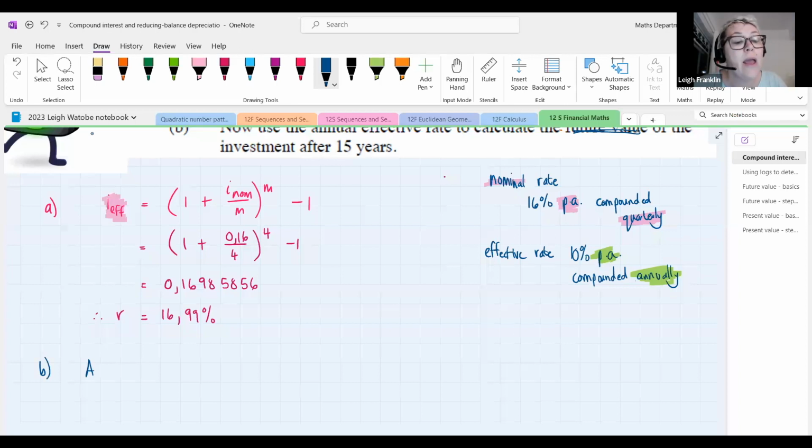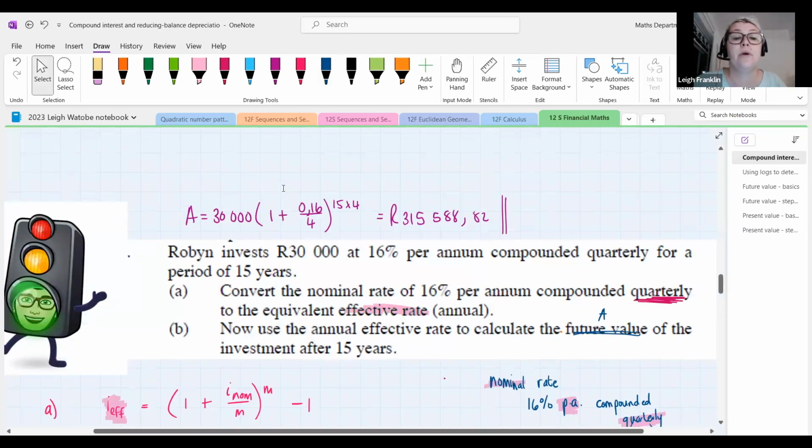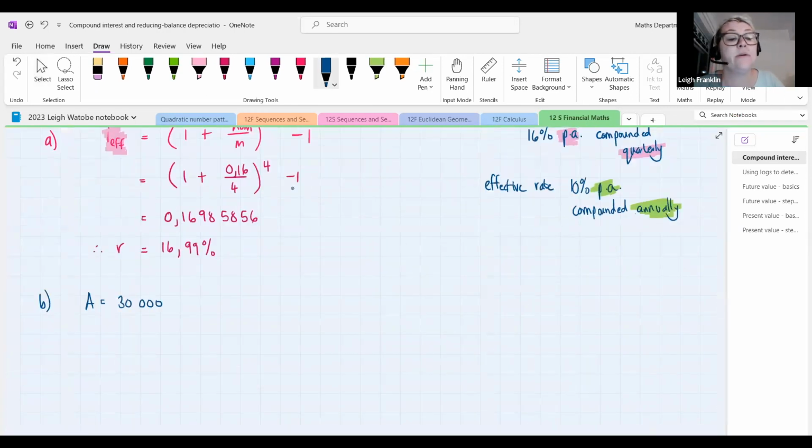So A would be equal to 30,000, which is what Robin invests, right? 1 plus 0.16. Let's use this whole number here, 985856.